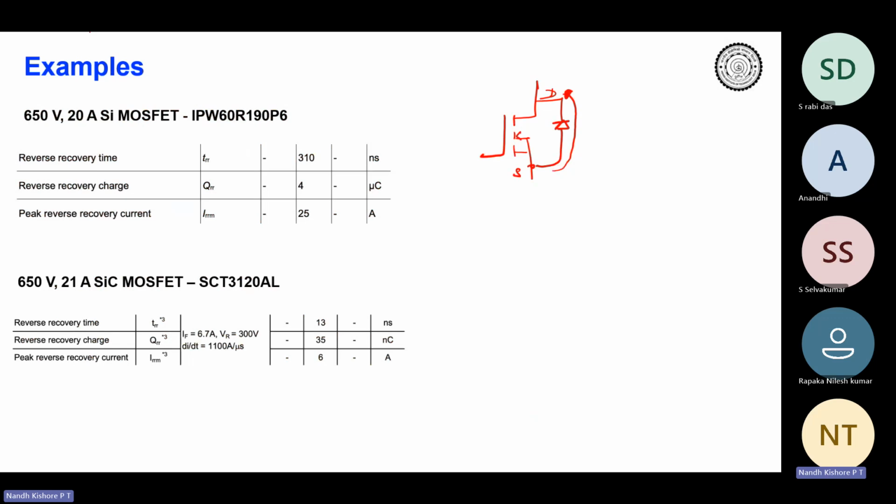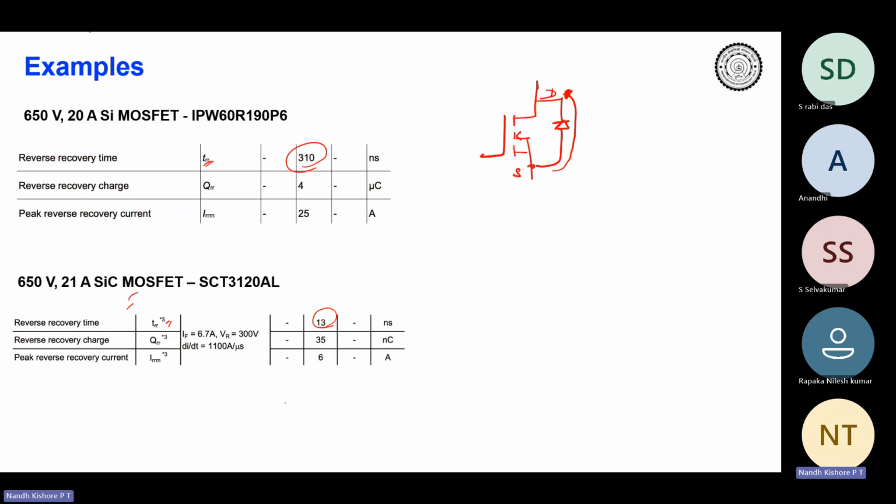This diode will also have some reverse recovery time. You can contrast it over here that while it is 310 nanoseconds for silicon MOSFET, it is only 13 nanoseconds. So your reverse recovery losses are going to be much lesser for SiC MOSFETs.